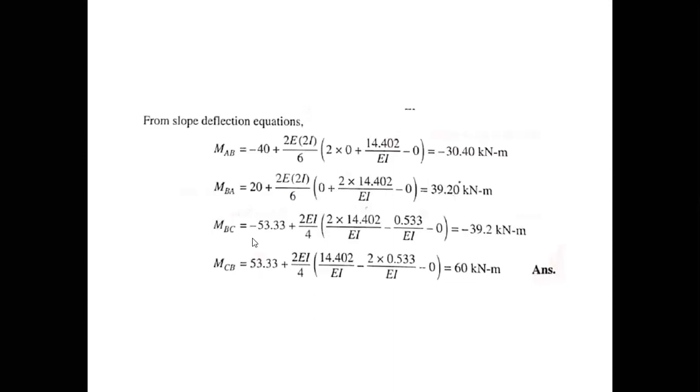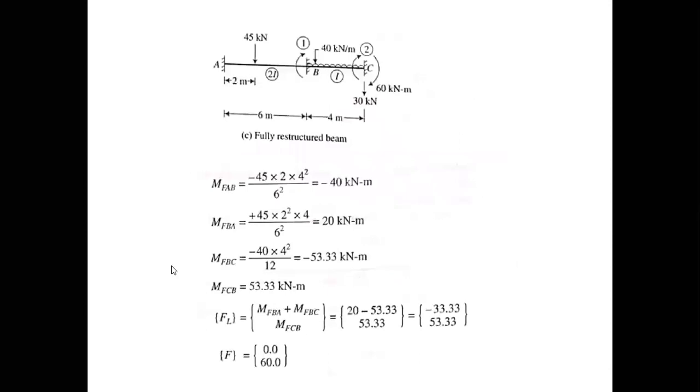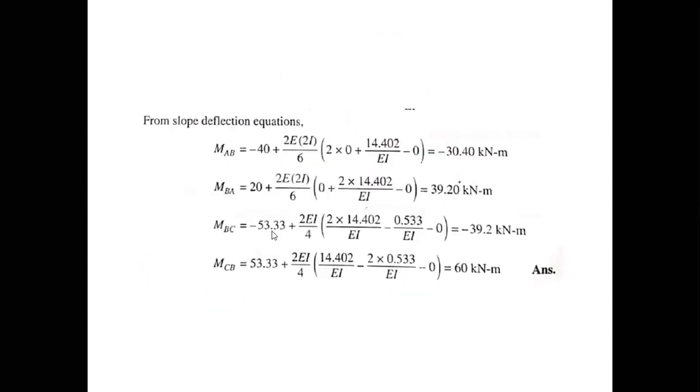Similarly, MBC will be minus 53.33. This minus 53.33 is MFBC, that is minus 53.33 kilonewton meter. We have calculated it. We'll put the value over here, and the value of our MBC comes out to be minus 39.2 kilonewton meter.